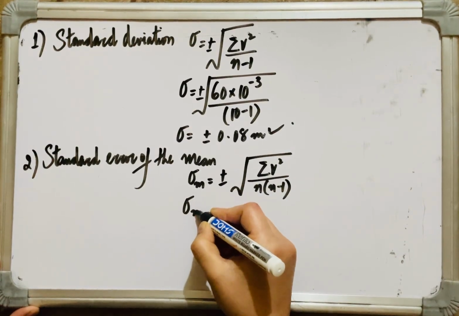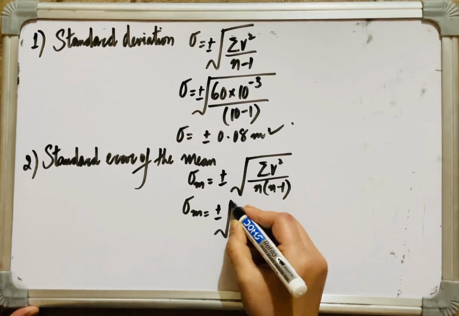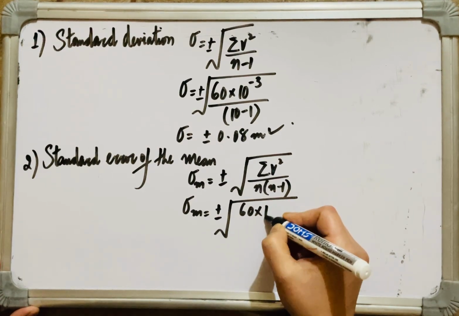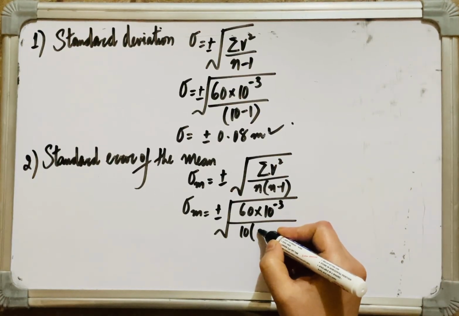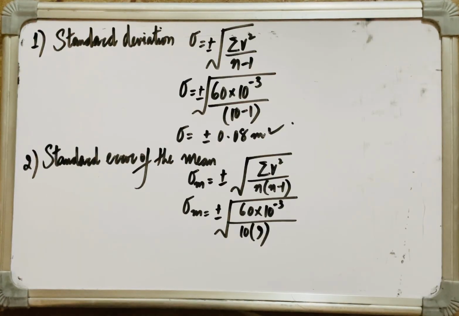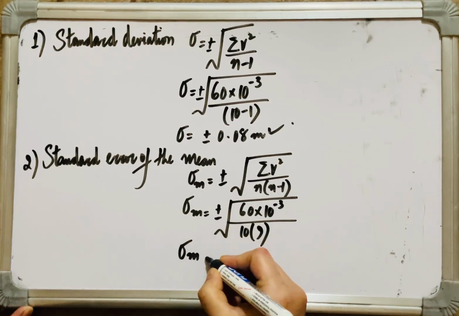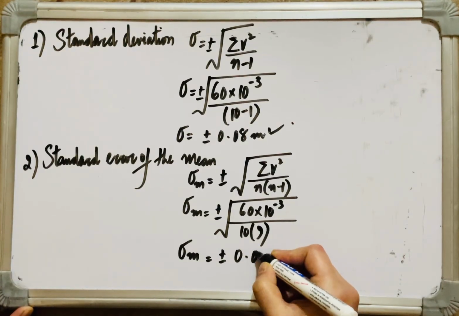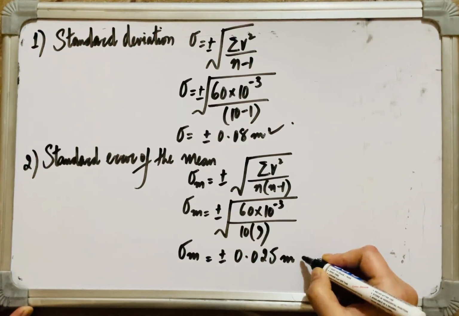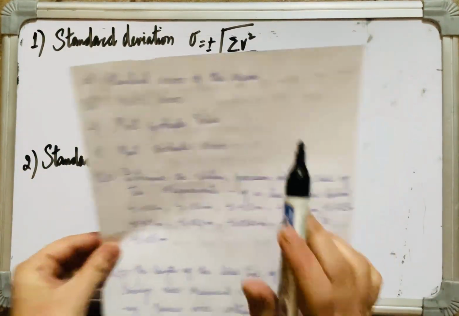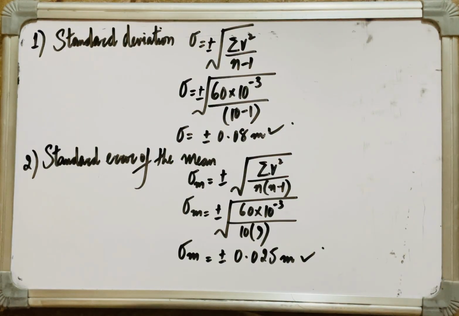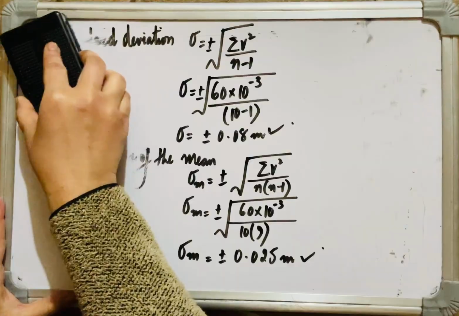All right, so sigma m will be equal to plus minus, with the summation of v square being 60 into 10 raised to the power minus 3. 10 measurements have been taken, so it's 10 multiplied by 10 minus 1, that is 9. So by calculations, the standard error of the mean is equal to plus minus 0.025 meters. The second part of the question is complete as well. Let me rub it first and do the next parts of the question.